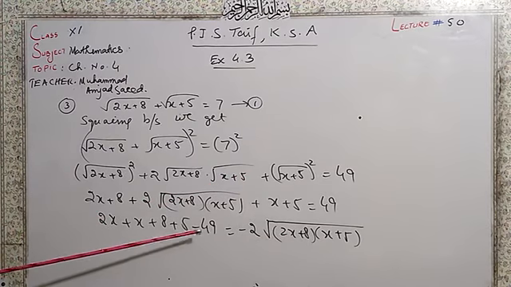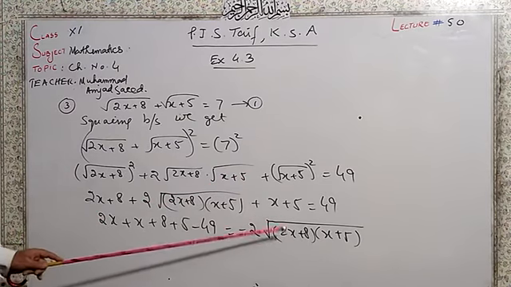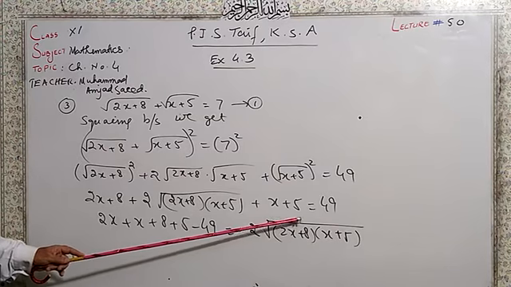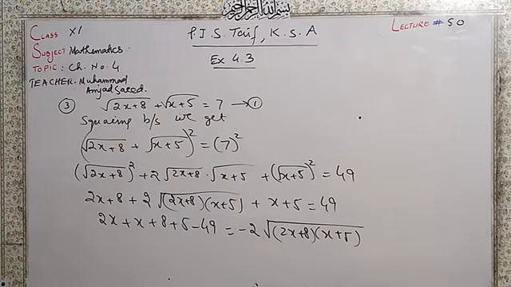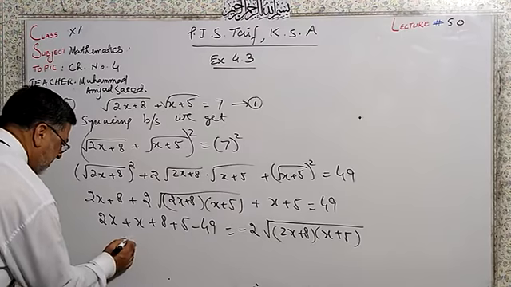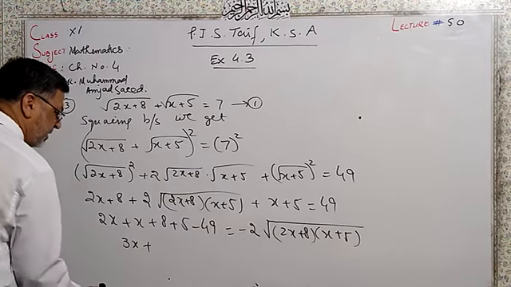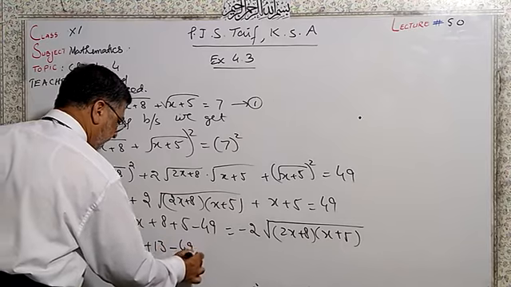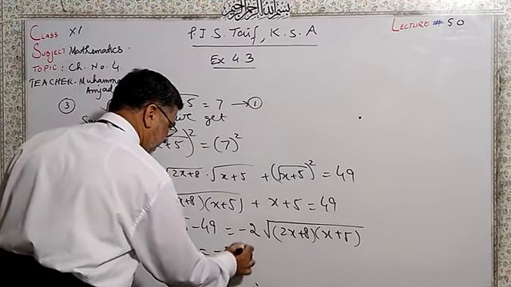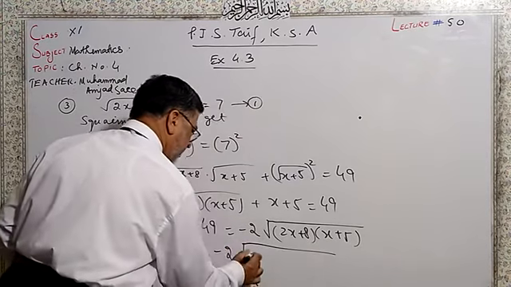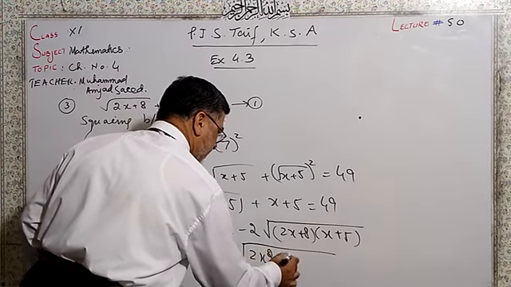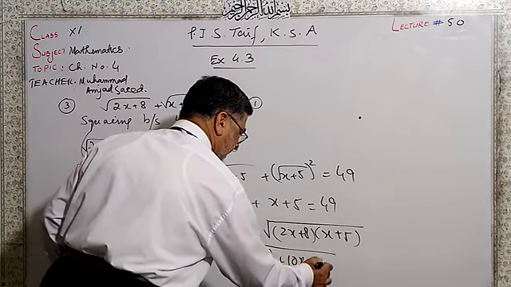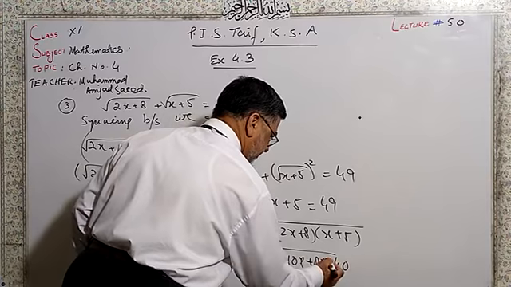In this way we will simplify it, and squaring again we will get rid of this radical sign. Here is 3x plus 13 minus 49 is equal to minus 2 into, this is 2x square plus 10x plus 8x plus 40.